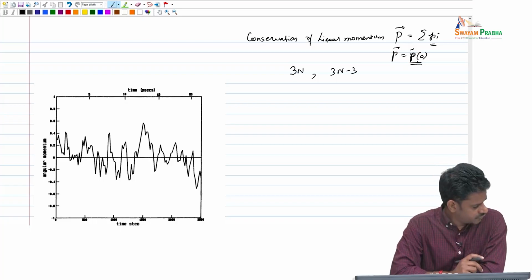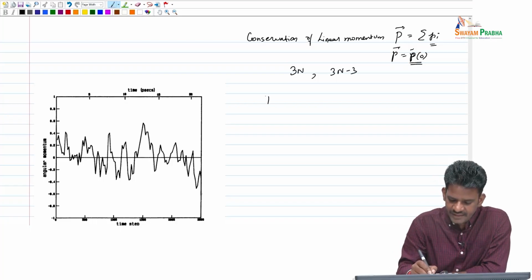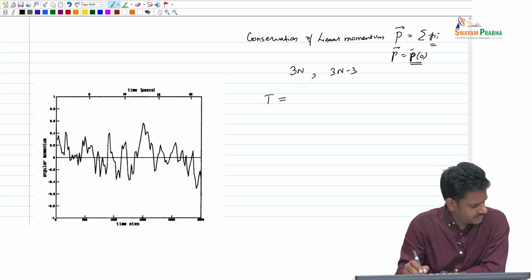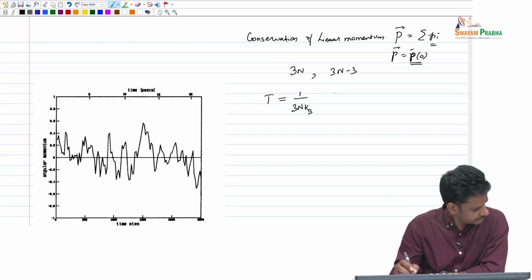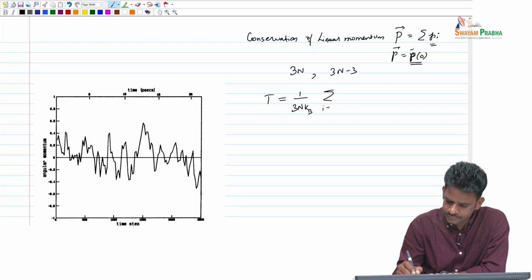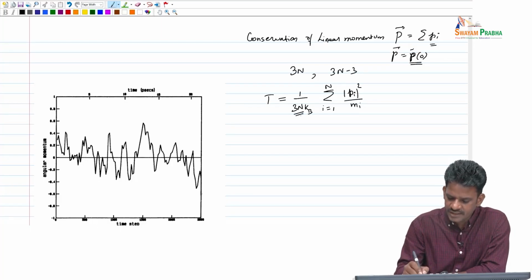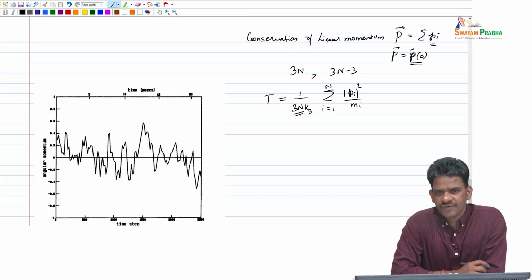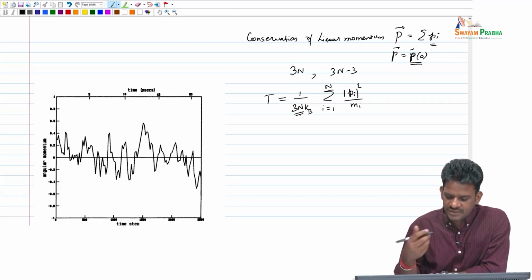The consequence of this would be, usually we define the microscopic temperature as 1 by 3n kb times the sum of p square by mi. Here 3n is the total number of degrees of freedom that we would have used before, but now in the simulation we know that the linear momentum is conserved.